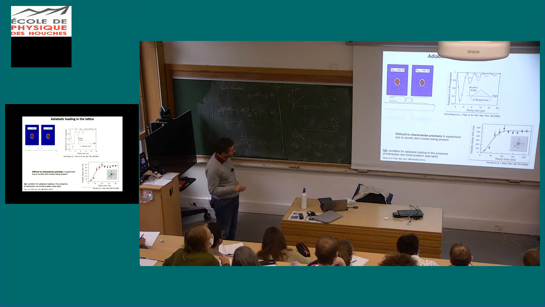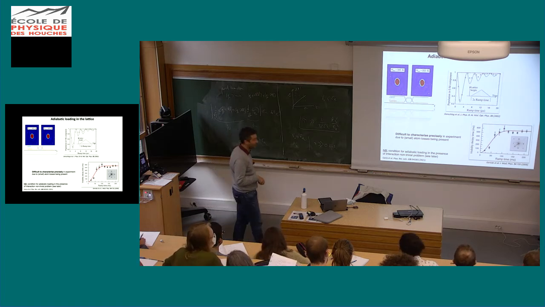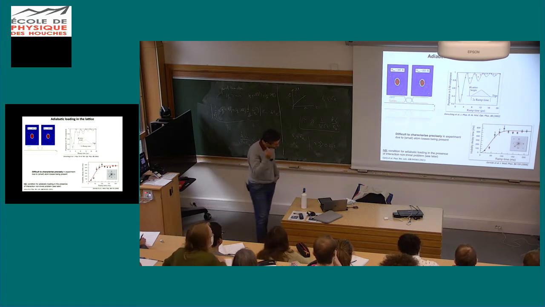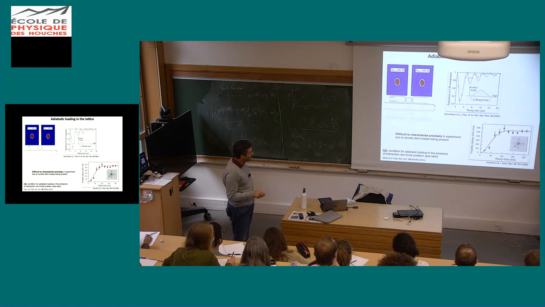Then there was some visibility measurement a little bit later, and we will come back to this type of measurement, what it means. It's basically probing the coherence of a gas somehow. And you have this visibility as a function of the ramp time once again. Now you see that time scales have increased quite a lot.